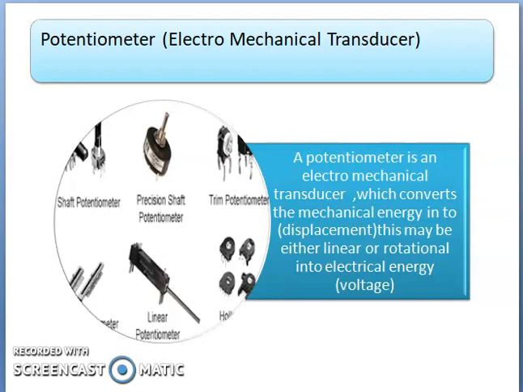So, basically what a potentiometer is doing, it is converting the mechanical energy into electrical energy. The mechanical energy is in the form of displacement, and displacement can be either linear or rotational. And the output of the potentiometer is always a voltage.